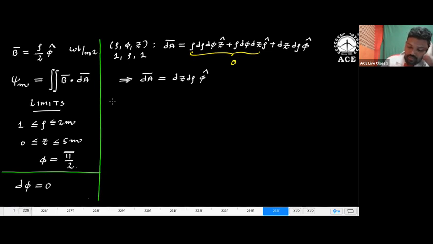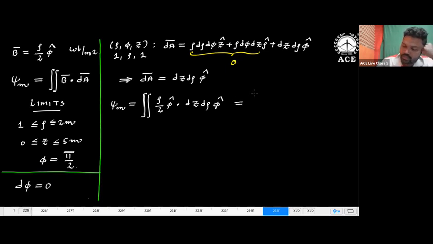So psi m is equal to the surface integral of B. What is the B, beta? Rho by 2 into phi cap, dot product with dz d rho phi cap. Clear? Yes.